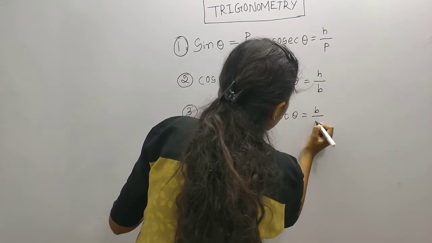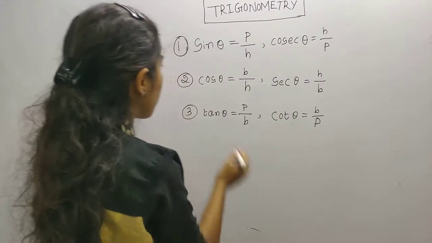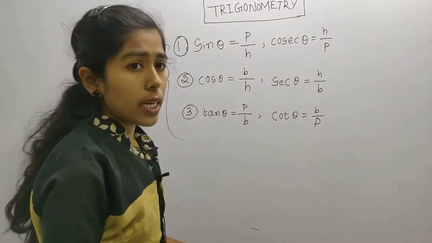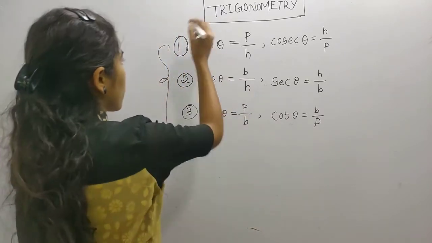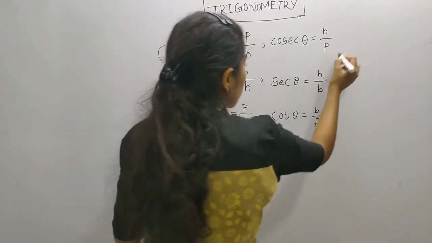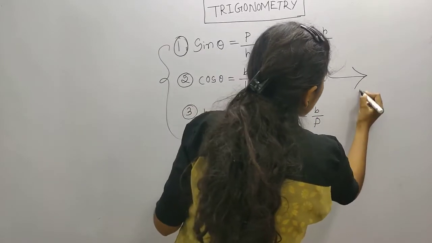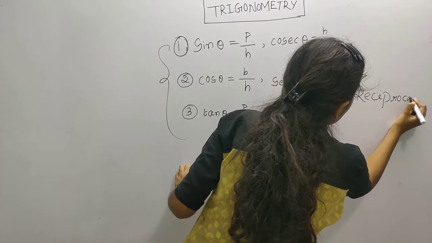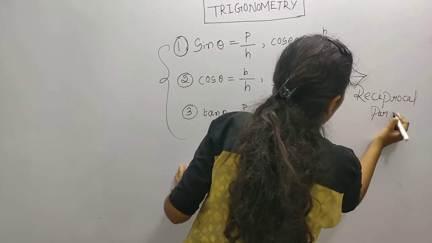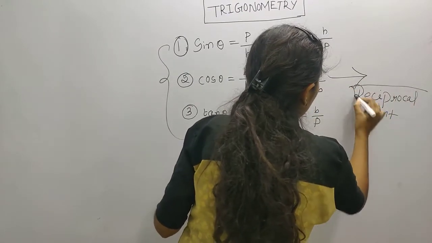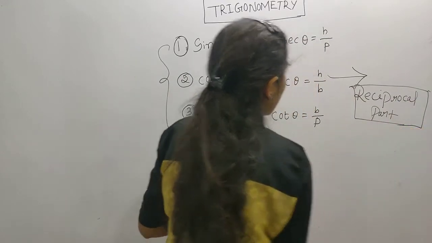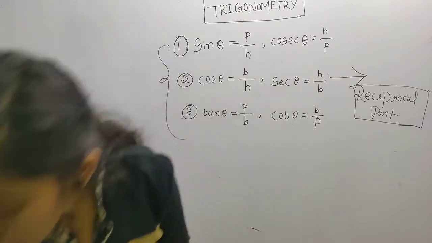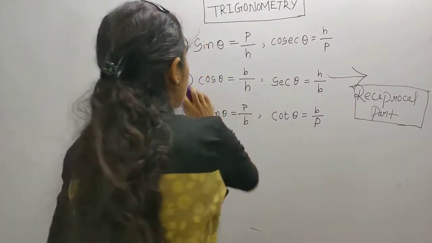It means cot theta is B by P. So, these are the three formulas we have learnt that day. This is the reciprocal part of trigonometry. Okay. So, next move to how we can find.